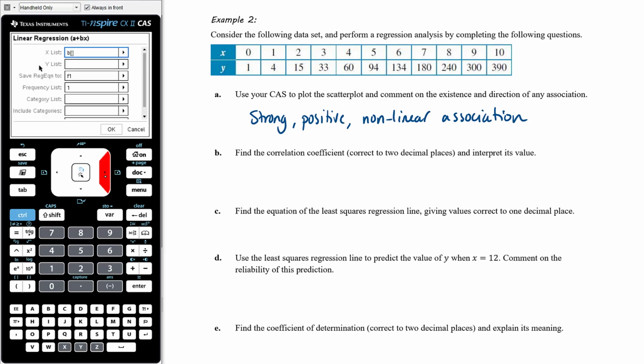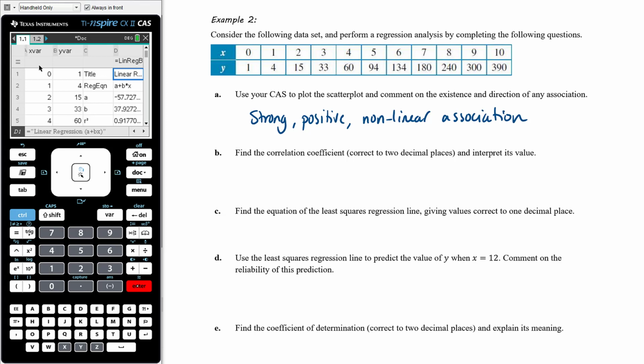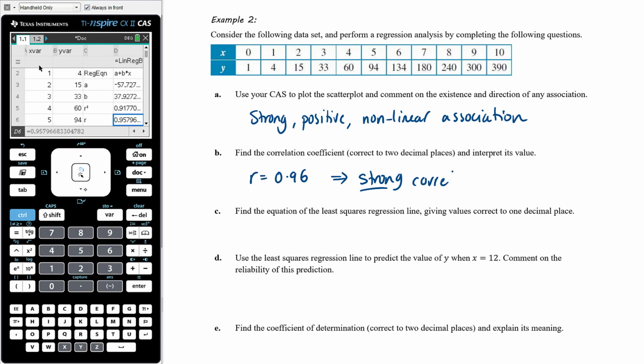My X list is X var for X variable, and my Y list is Y var for Y variable. Again, function 1 if I want to make use of that. Results are going in column C, great. Okay, so correlation coefficient is here. If I scroll down, it is to 2 decimal places, 0.96. So R is 0.96, which implies that we have a strong correlation.